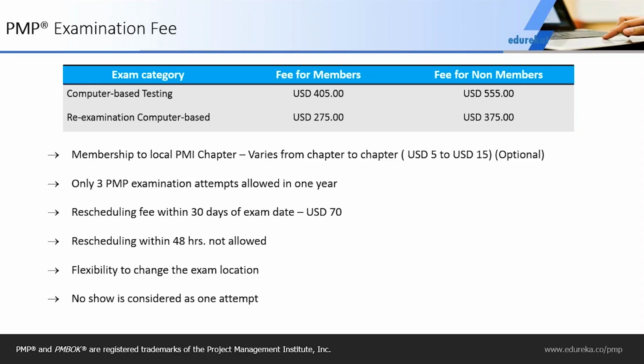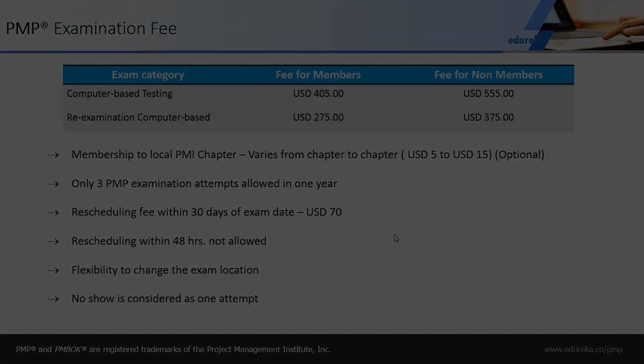Okay, there has to be a gap of minimum 30 days between two attempts. And rescheduling within 48 hours of the examination is not allowed. You cannot do that. In case you fail to appear for the examination, it will be considered a no-show. No-show means one attempt gone. Okay. So I hope this is clear to everyone.